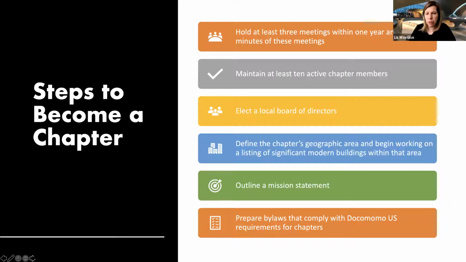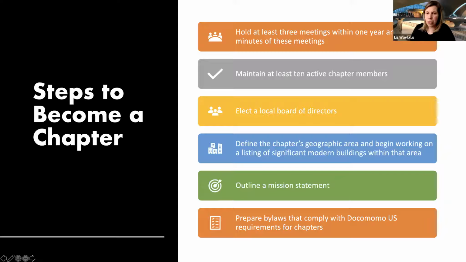I will just come back to the difference between a chapter and a friend organization. A number of years ago, the group Houston Mod, very active in the Houston community for preservation and education in that area, wanted to be affiliated with Docomomo, but obviously they already had an organization. There was no need for someone else to come in and create a Docomomo chapter. So we created a new entity, and we call them friend organizations.